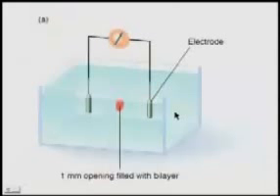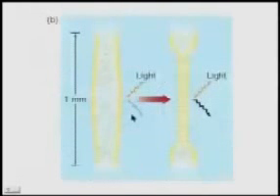This can be created artificially in a laboratory setting. We see a 1 millimeter opening filled with the bilayer, as we saw in that micelle in the previous slide. And then if we follow the transfer of ions from one chamber to the other, this barrier completely separates them. Then the electrodes can be used to measure the charge differential across the two, and follow the movement of charged solute particles from one chamber to the other.